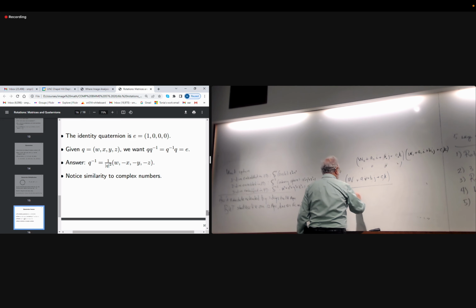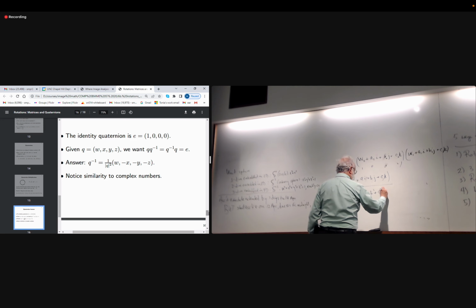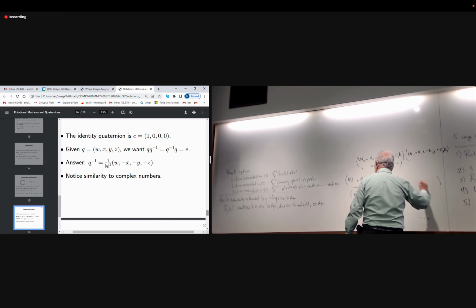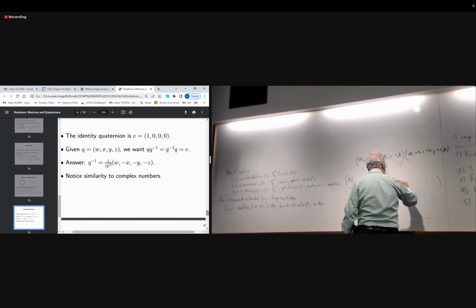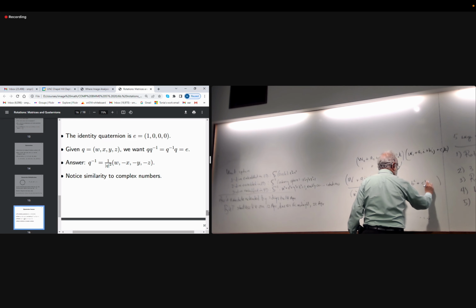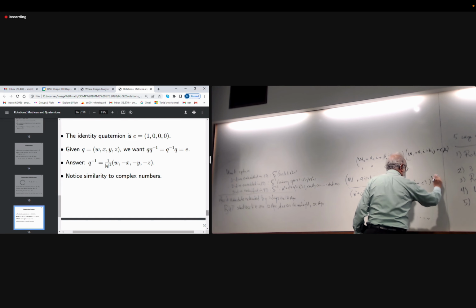But if you divide by w squared plus a squared plus b squared plus c squared to the half, and multiply by w squared plus a squared plus b squared plus c squared to the half.